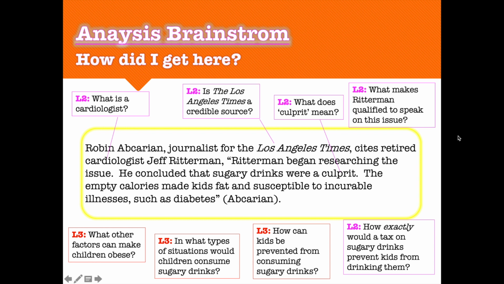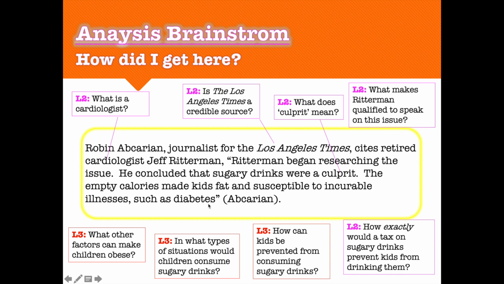When I asked these questions, this is definitely something you want to ask when you are tying your quote to your overall thesis, because this is the question. How exactly would a tax on sugary drinks prevent kids from drinking them? This is the question that ties this information to my debate. Because notice, in this quote, it actually doesn't say we should put a tax on junk food.